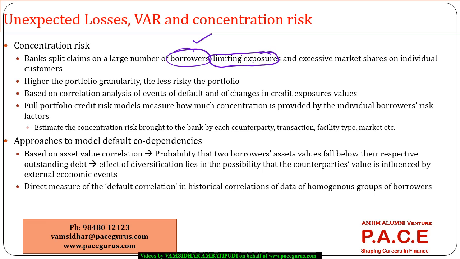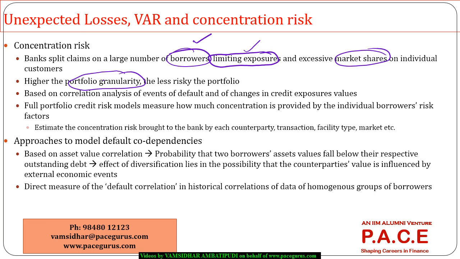With respect to each borrower, limit the exposure in terms of the amount lent, and excessive market share on individual customers should be reduced so that each customer's exposure is very, very limited. The portfolio should be as granular and as diversified as possible, so that the risk of the overall portfolio can be reduced.